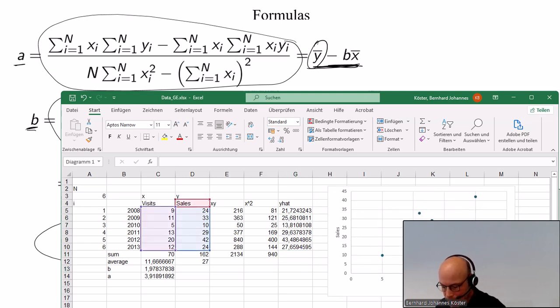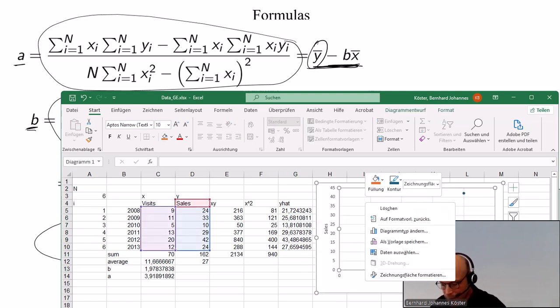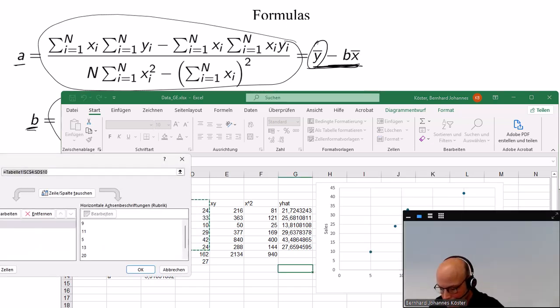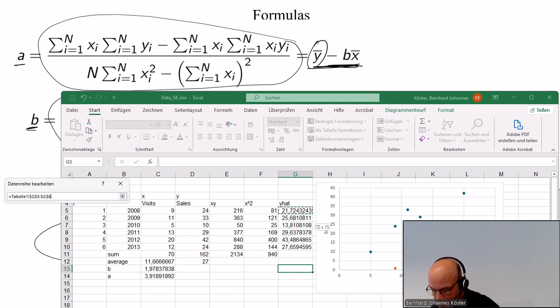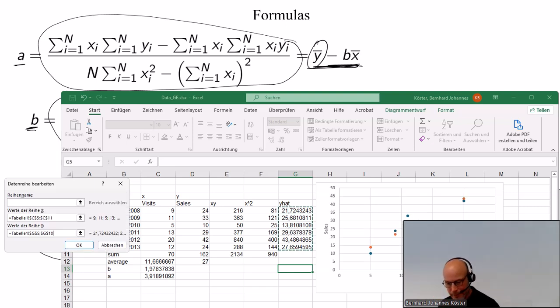And let's put in this data also. The X values are the same and the Y values are the calculated ones.